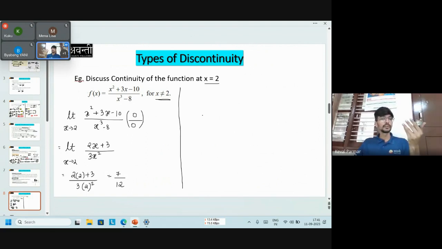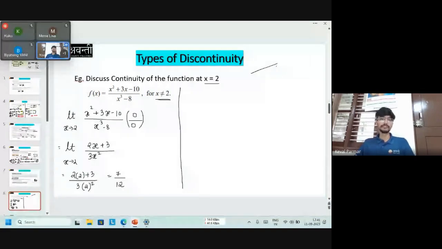Functional value we don't know, so the function is discontinuous. That is, there is a hollow circle here at x equals 2. But we can fill this circle by redefining the function.